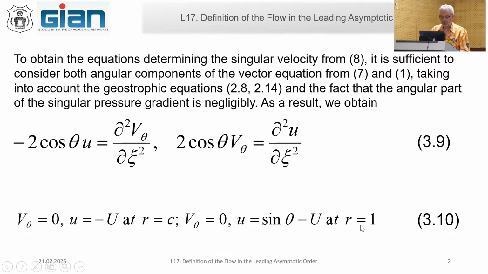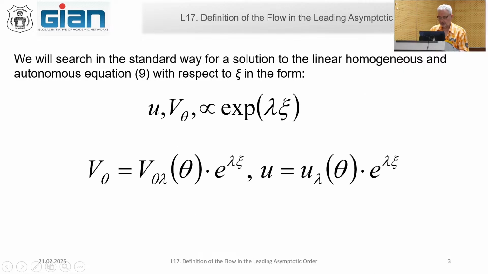So we are setting out this boundary condition, and the problem is quite simple actually, because it's an ordinary linear equation in respect of theta, in respect of xi, sorry. So this xi is quite ordinary, and we can use it like that.